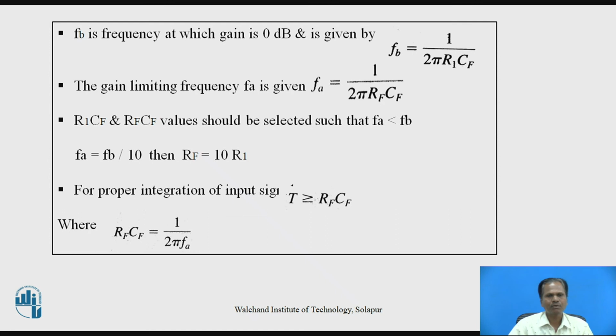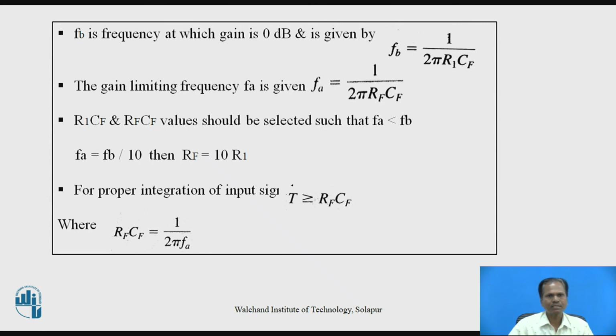For proper working of the integrator, the frequency Fa should be less than Fb, and the value of Fa equals 1/10 of frequency Fb. Therefore, the value of feedback resistor Rf equals 10 times the input resistor R1.